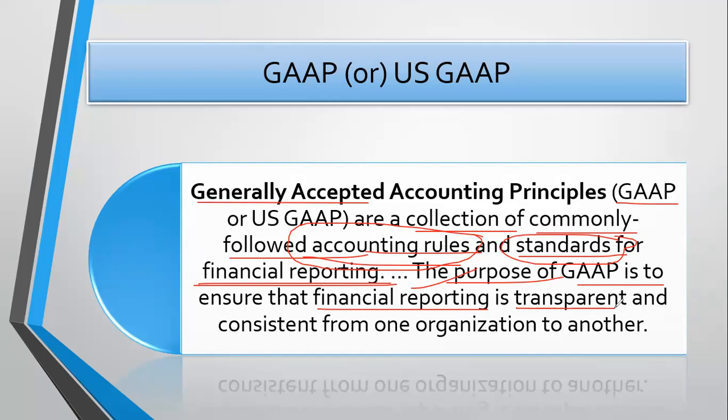So thereby the companies represent the values more accurately and in a very transparent way. This accounting principles will be helpful for most organizations, and it gives the guidelines and rules to prepare the financial statements.